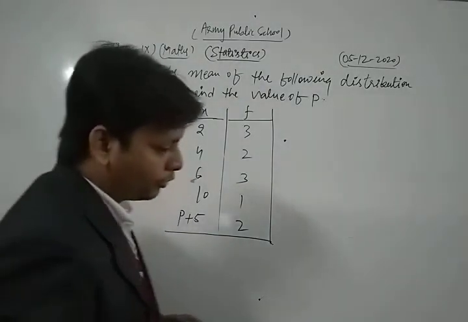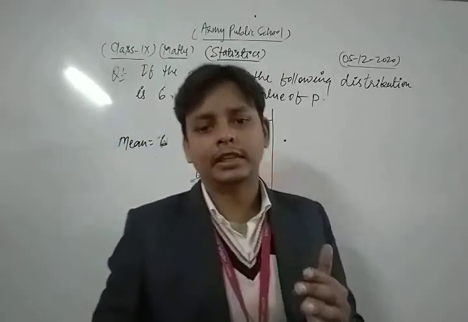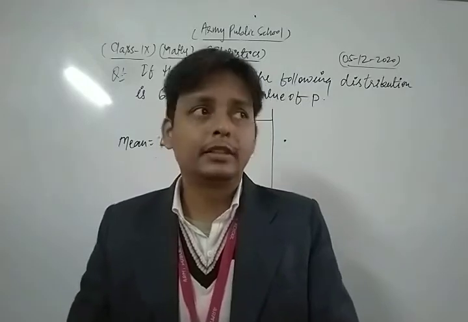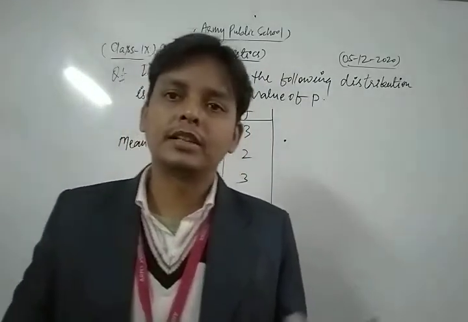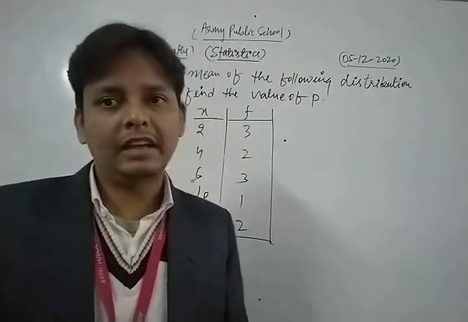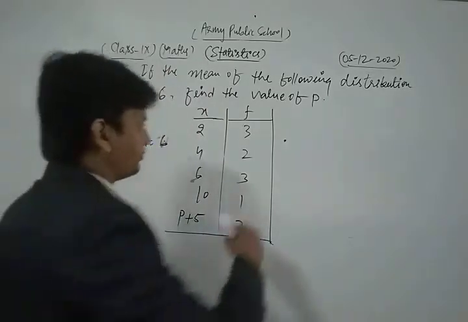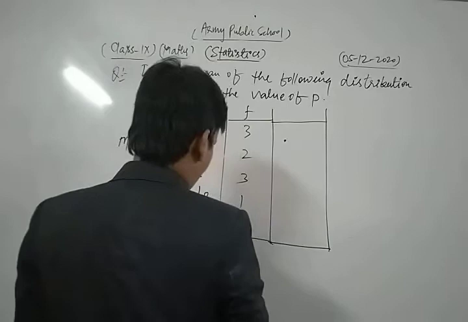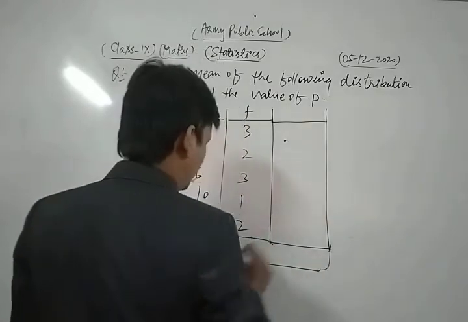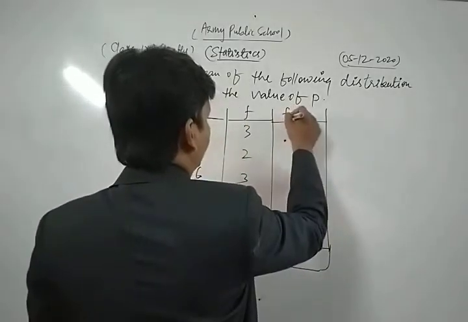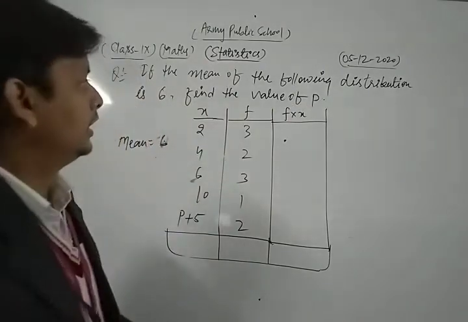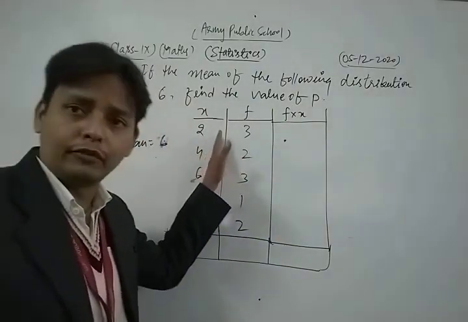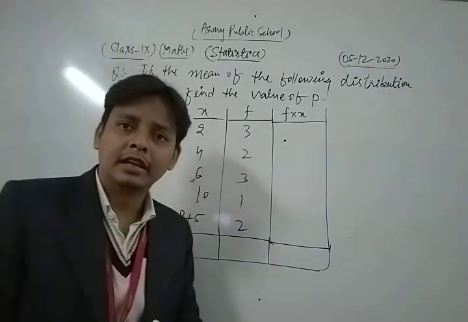So in this type of question we apply the direct method, and in the direct method the formula for mean is sigma fx upon sigma f. So first of all we draw one more column of f into x. We first find the product of the variables and their corresponding frequencies.